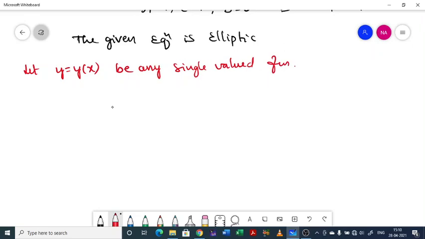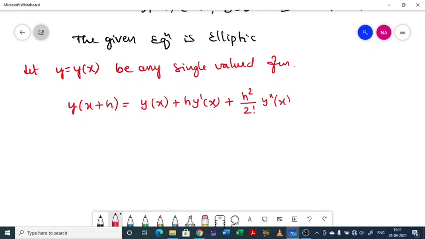Let y equal to y of x be any single valued function. Then if we write the Taylor series expansion of y, we will have y of x plus h equal to y of x plus h into y dash of x plus h square by 2 factorial into y double dash of x plus and so on.